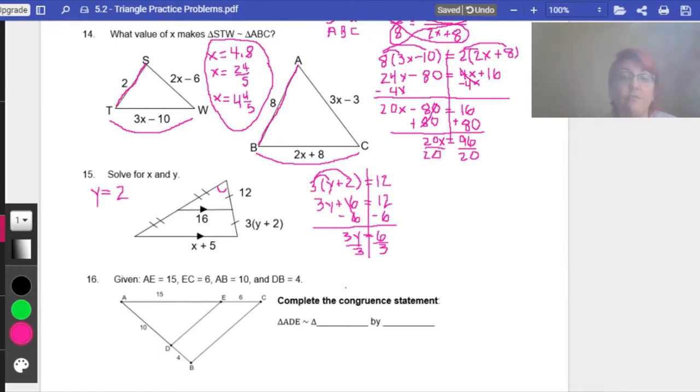Now, with that information, I now know that this here is actually 12, which means that the entire side length is 12 plus 12, which is 24. And that is going to help me solve for x. Here's why. We have this shared angle, or this reflexive angle here.